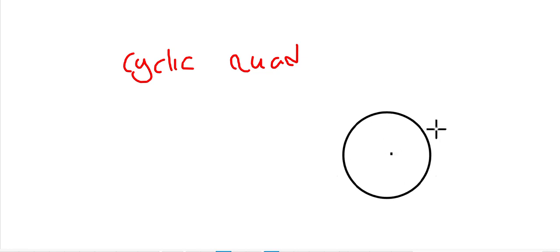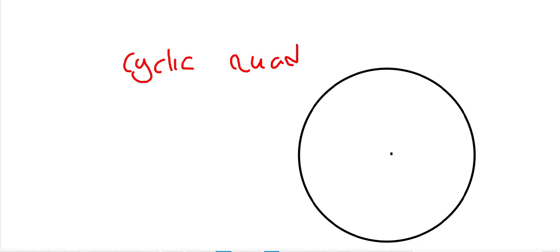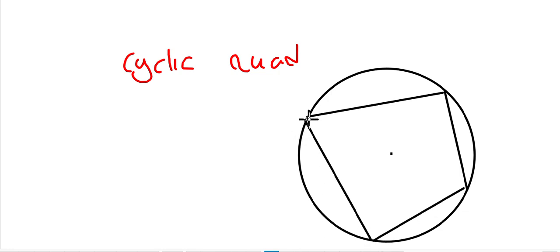So, can anybody take a guess at what you think a cyclic quadrilateral is? Any four-sided object where all four corners are located on a circle. I can put it anywhere I want. Doesn't matter where I put it, as long as all four sides match up and form a quadrilateral.